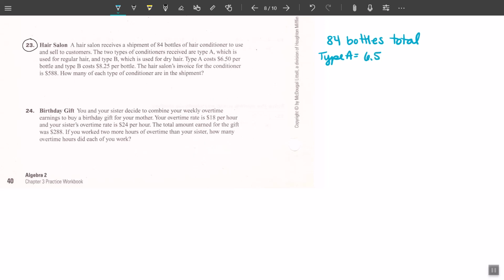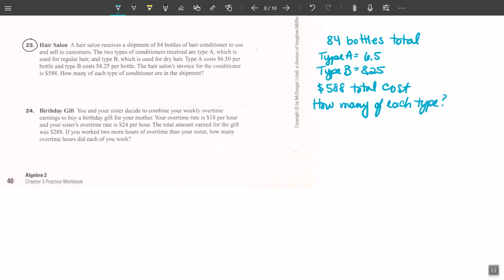I'm going to take out the dollar sign and the zero, so that we don't have extra stuff around. Type B is $8.25. The shipment costs $588 total. And they want to know how many of each type they bought.